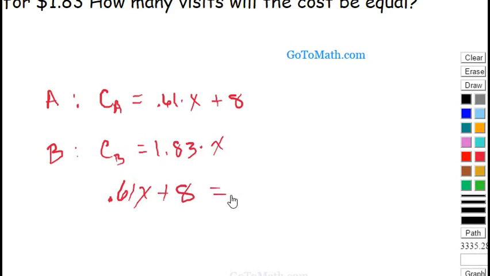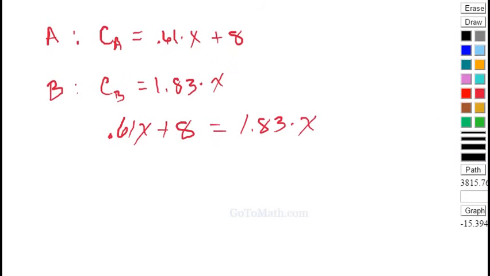Actually, I'm going to be honest with you, the coffee company lets you have that first refill for free, so I'm going to let you figure that out. The problem changes then. A little hint: this should be x minus 1 there. But anyway, we're going to consider that you buy the cup and then you have to pay 61 cents for that first refill.